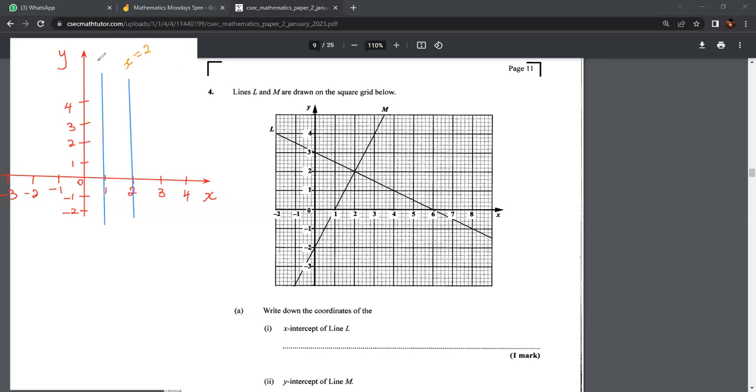This line here is x is equal to 1. Now, that means that your y-axis is the line x is equal to 0.